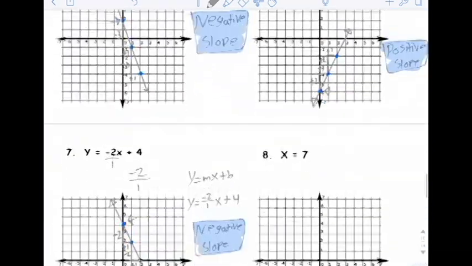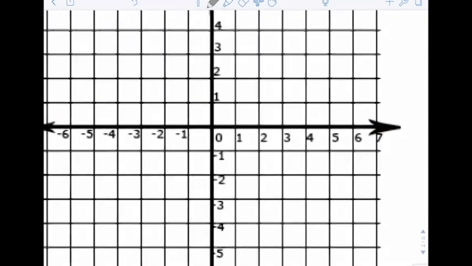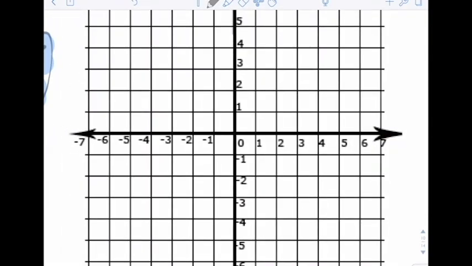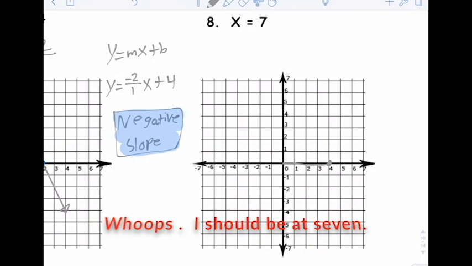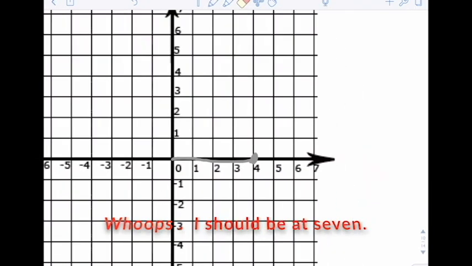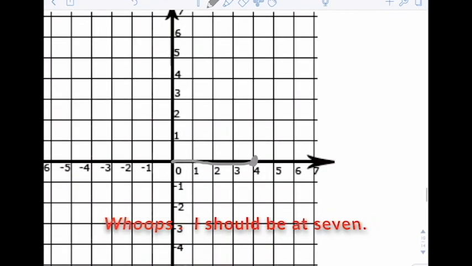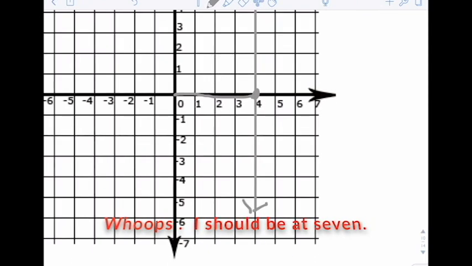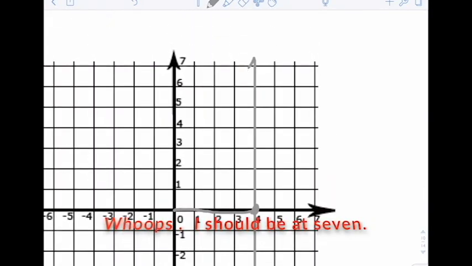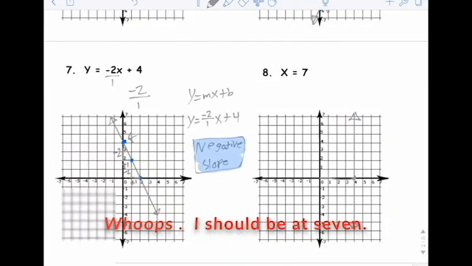If you were trying to graph this, you would go over on the x-axis to 4 and make a point, and then your line would just run down that 4 right there. Now this leaves you with an undefined slope.